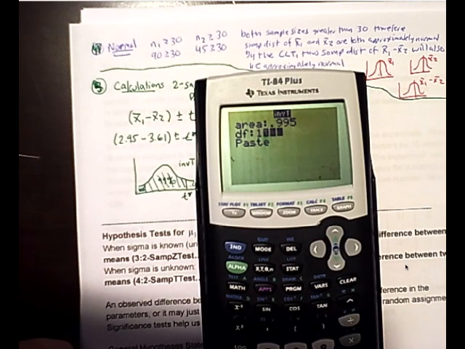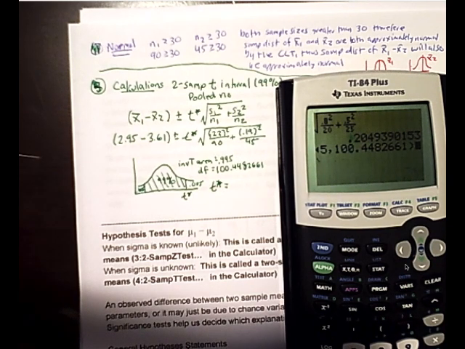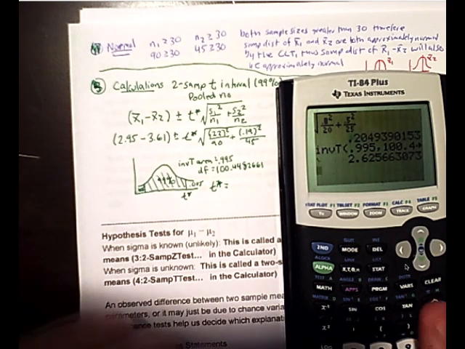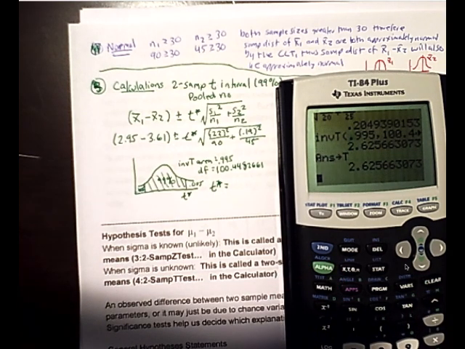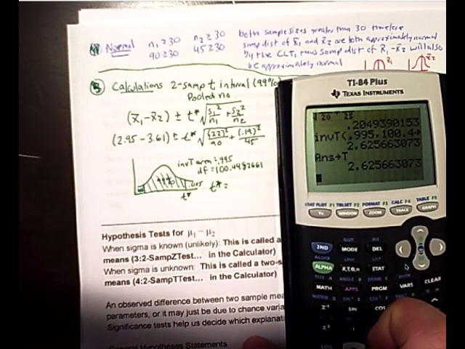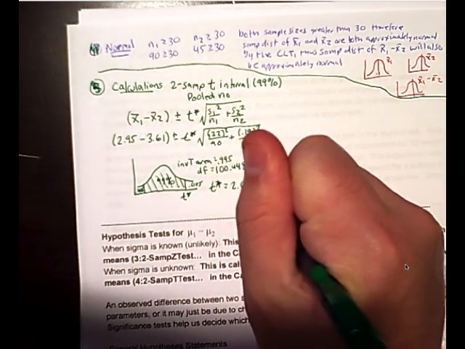Degrees of freedom would be 100.4482661. Now I hit enter. So my T star, my critical T, would be 2.626. I'm just going to store that as T.